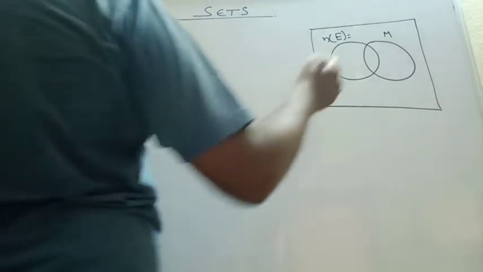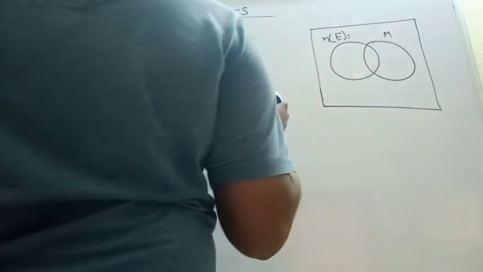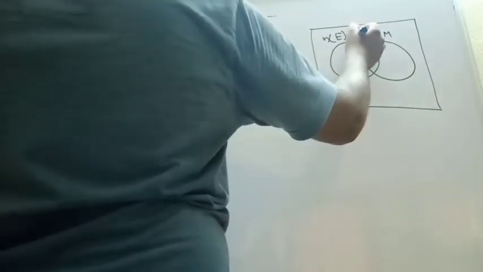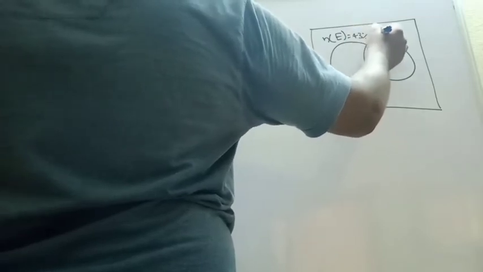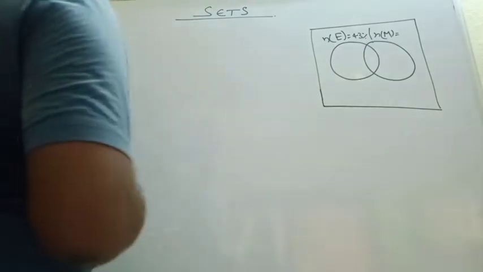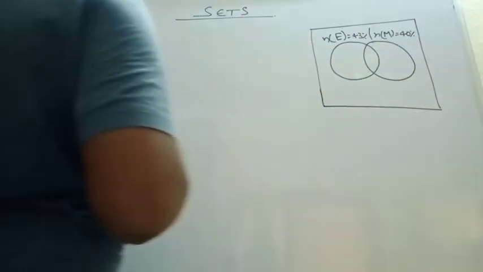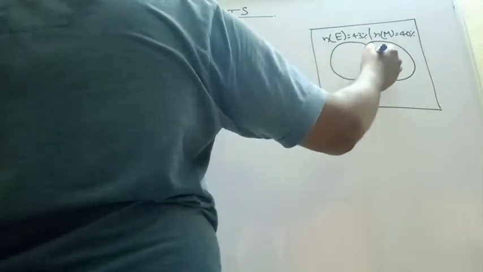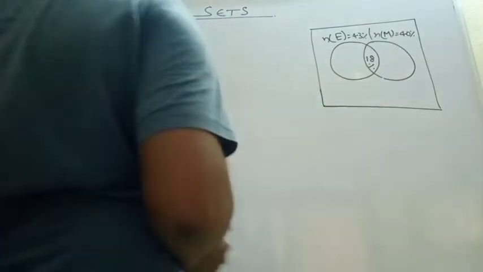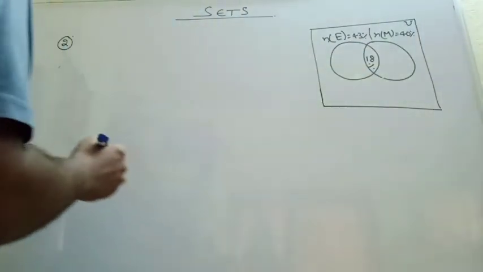Okay, this is E, and you know that N of E is given as 43% like this. N of M is equal to, they have given, my dear students, 40% like this, right? Wonderful. And both failed, 18% failed like this. This is 18%. Now U is the total number of students.